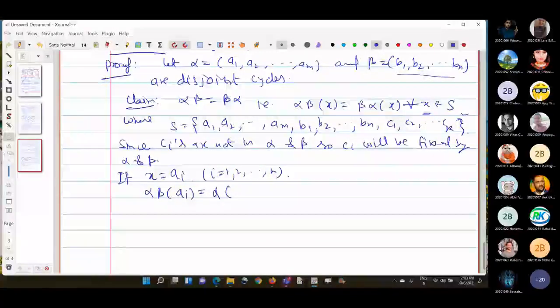There is no ai in beta, right? They are disjoint cycles, so it stays at ai. And then alpha sends ai to ai+1. a1 goes to a2, a2 goes to a3, and the last goes to am. And this is equal to a1 if i equals m.